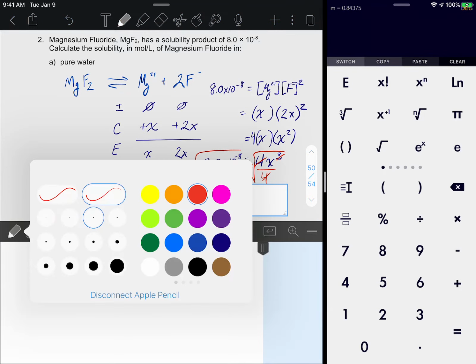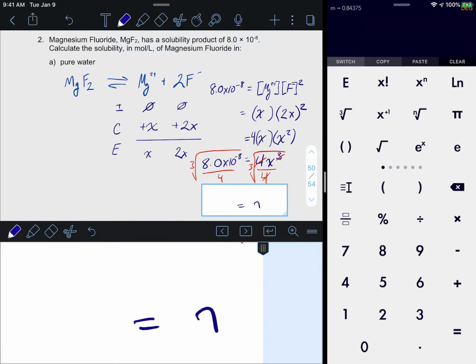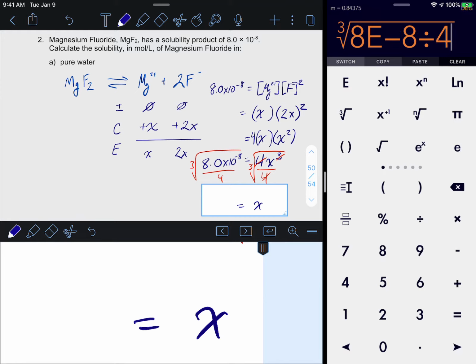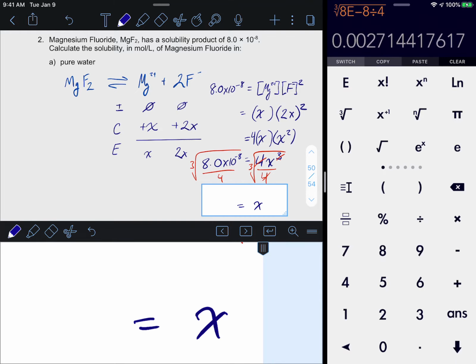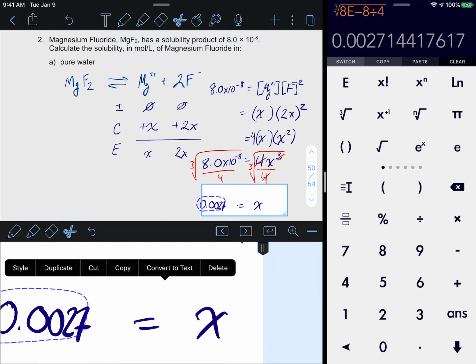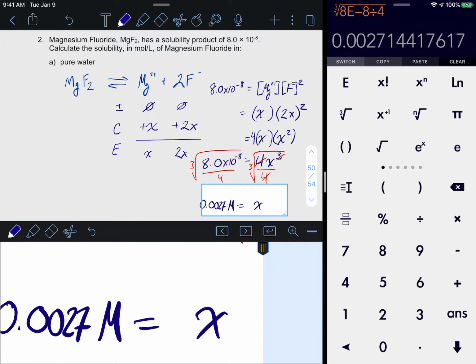And so that will leave me in a place where x is equal to the cube root of 8 times 10 to the negative 8 divided by 4. And so that gives me a value of 0.0027 is equal to x, and this is going to be in terms of molarity.